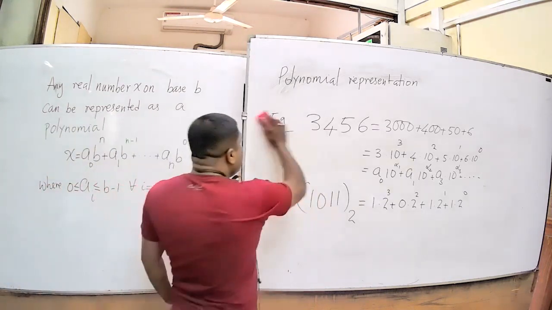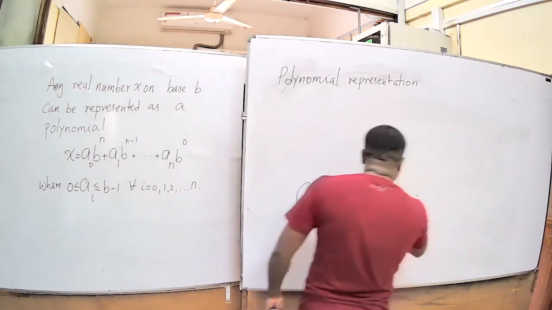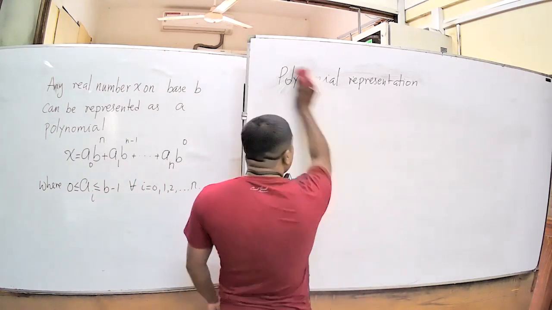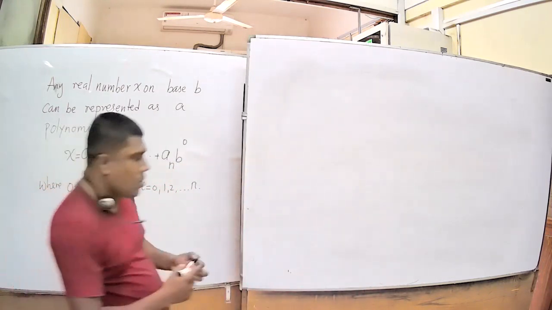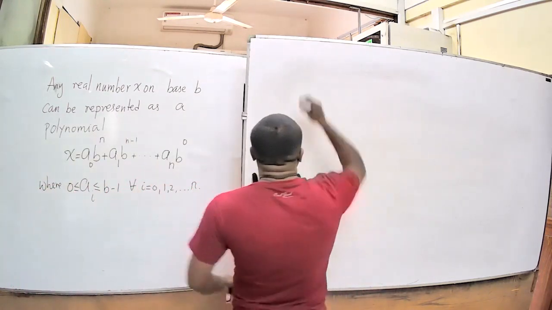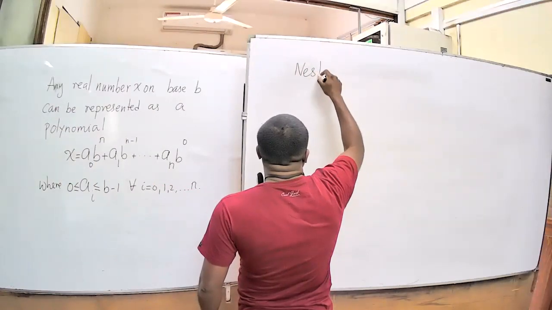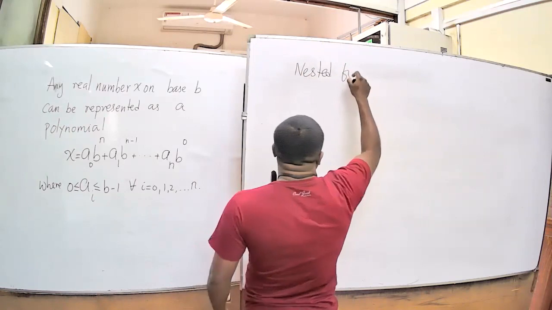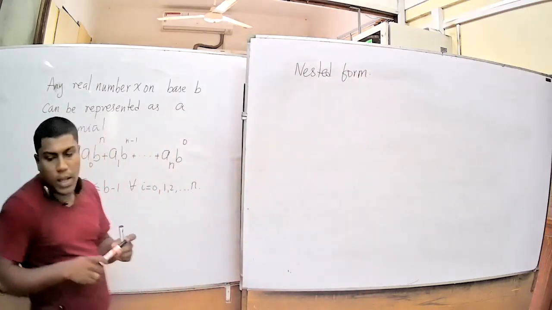So let us see the concept called the nested form of a polynomial.